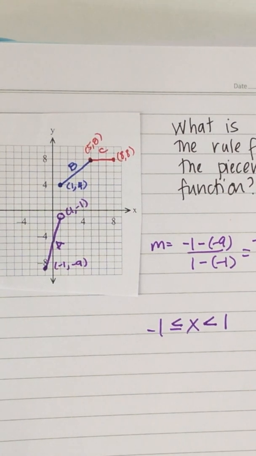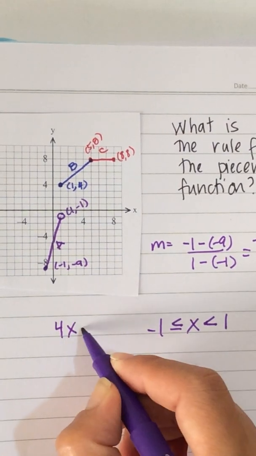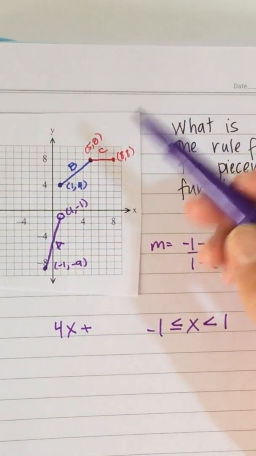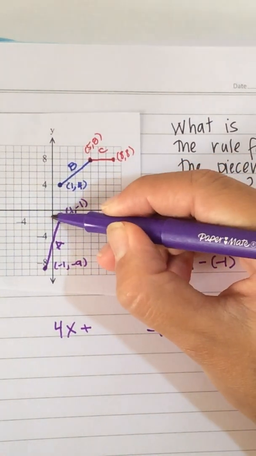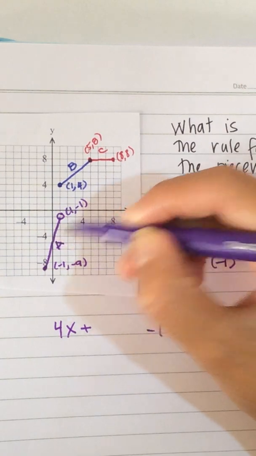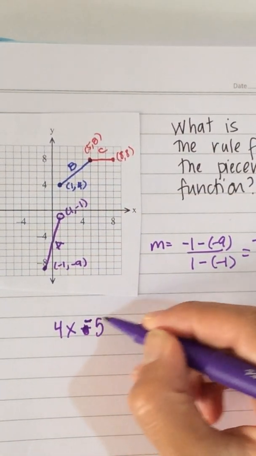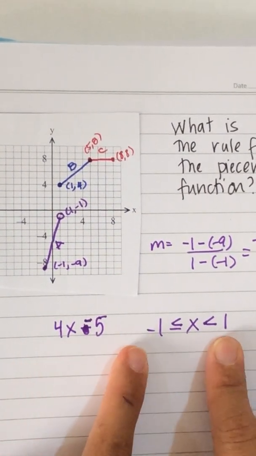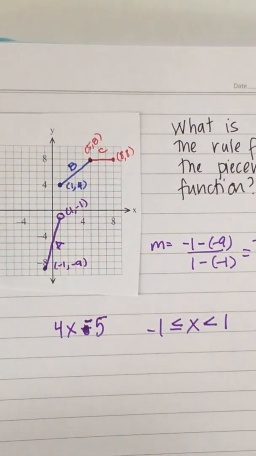So if I'm remembering slope intercept form, it's going to be 4x plus, what's the y-intercept here? The y-intercept is negative 5. So 4x minus 5. So that is the function in between these two intervals, okay?